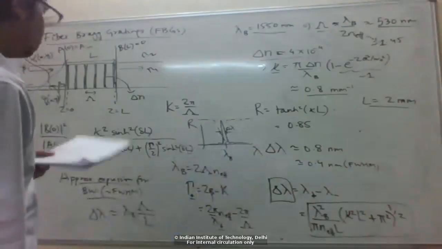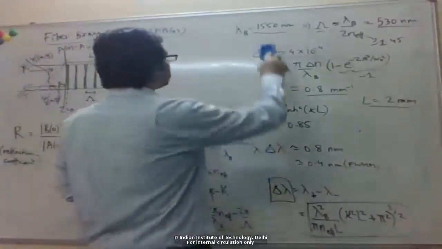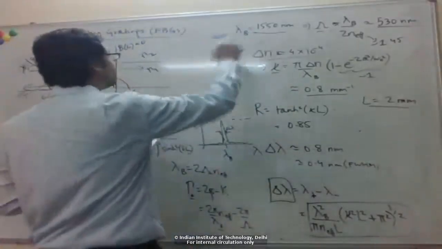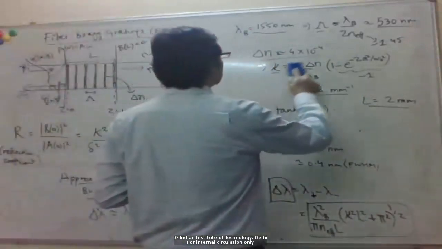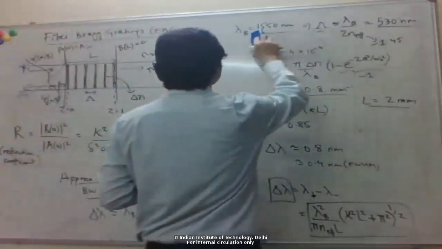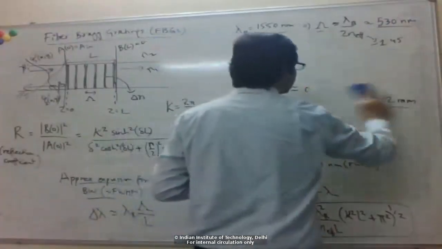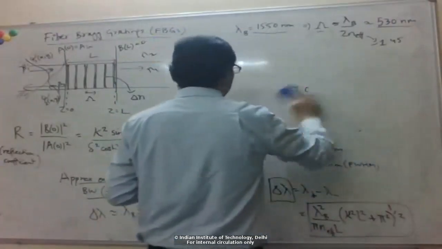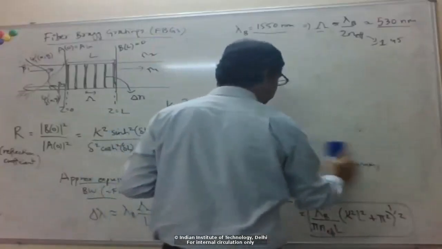You can, for example, look at another example. Let's say now I want an FBG at 50 nanometer. Of course the grating period is decided by the wavelength, so that will be the grating period. But now let's say I want a peak reflectivity of almost 100%.